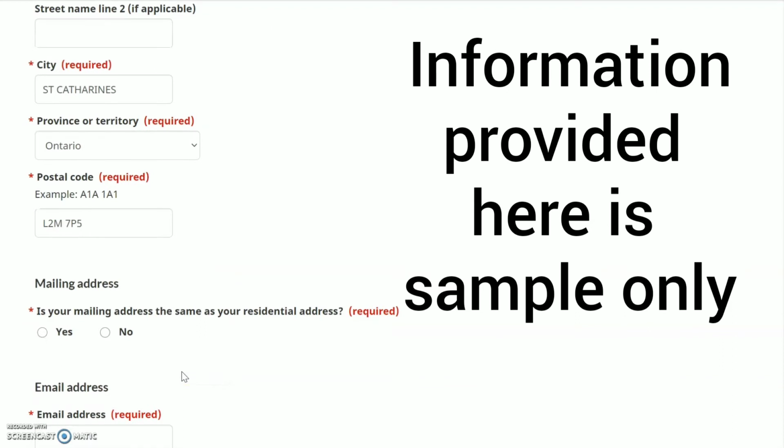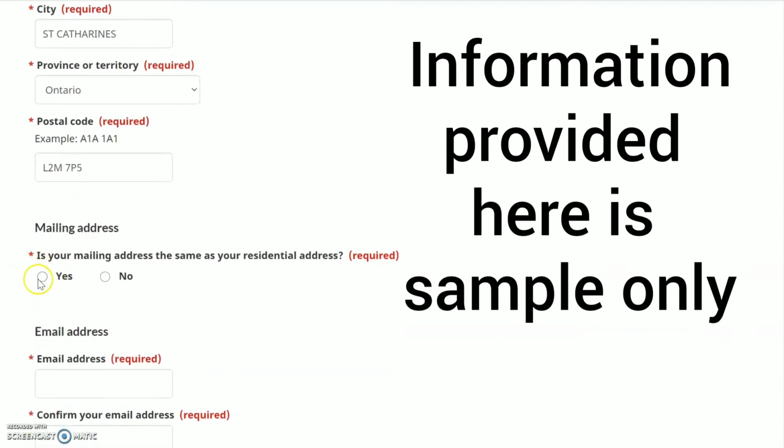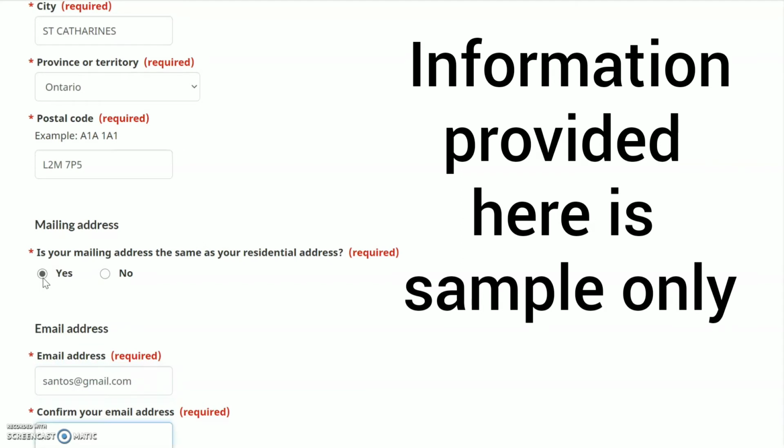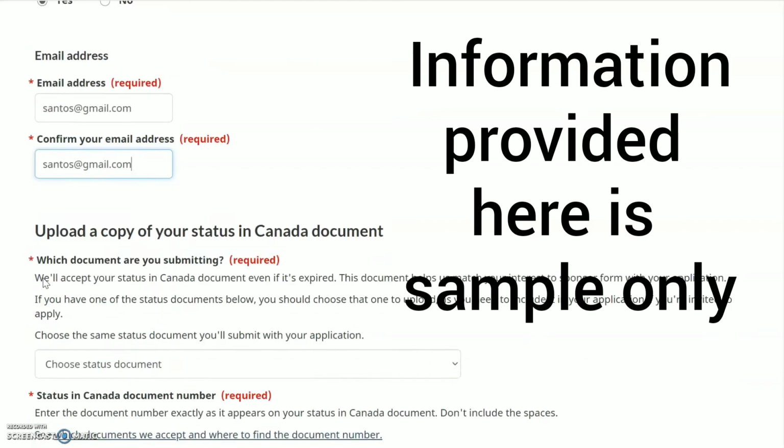Or if you don't have one, you can use other bills that show proof of your correct address. Also, it's important to put in your email, because they will send the confirmation, and I think the number of your application, here. So it's important that you put your valid email address.